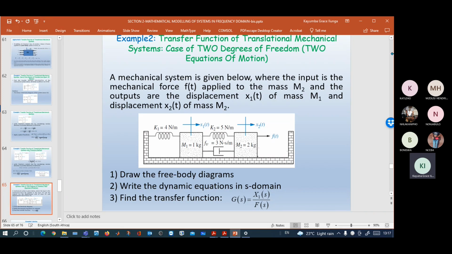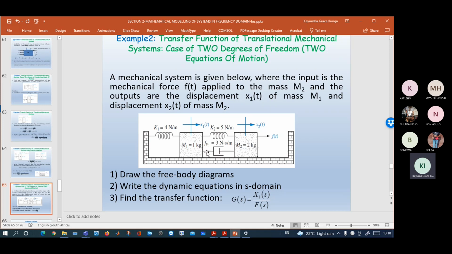So as I was telling you, we're doing at first the 1 degree, but here we have 2 degrees. There's not too much difference between the two because the principle is still the same. First of all, you need to create your free body diagram for the first mass and for the second mass.